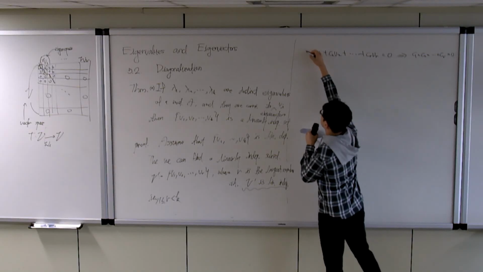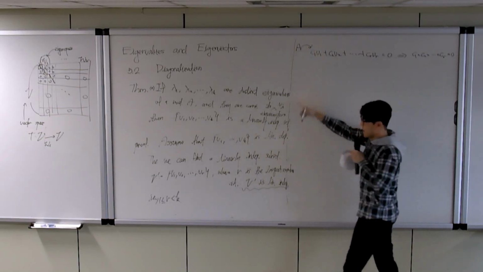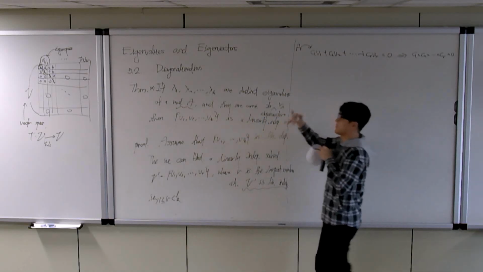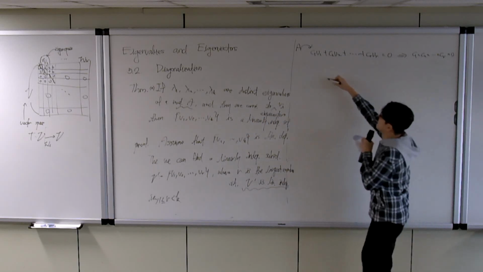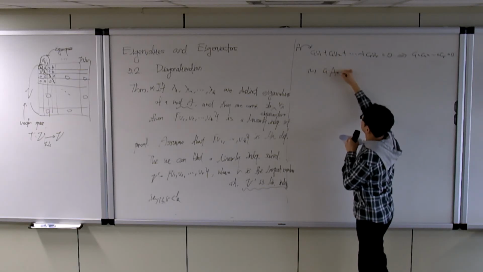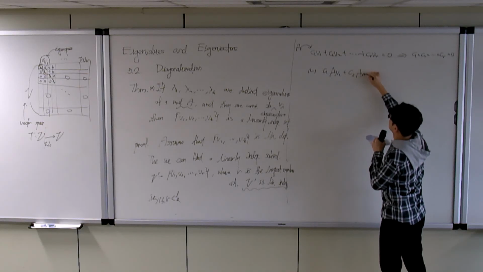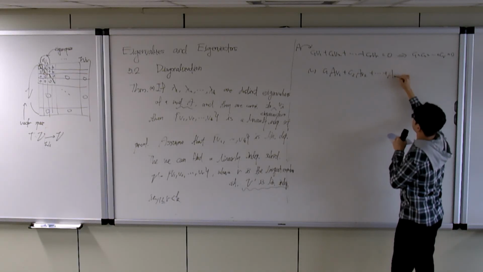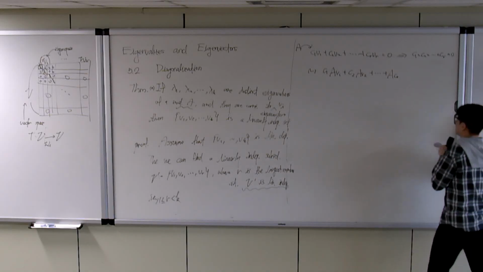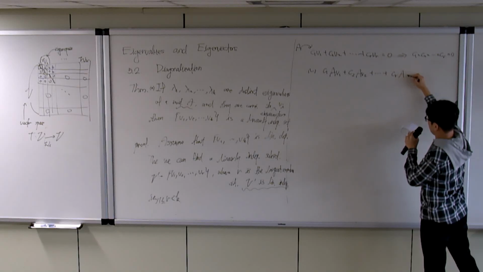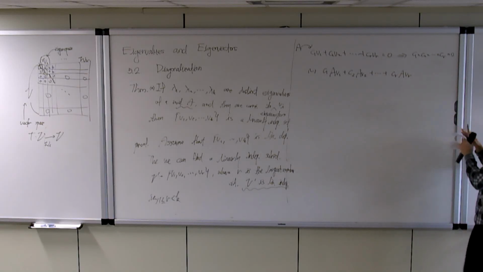So this equation is the same as c1 lambda1 v1 plus c2 lambda2 v2 plus ... plus cr lambda r vr plus c(r+1) lambda(r+1) v(r+1) equals 0.